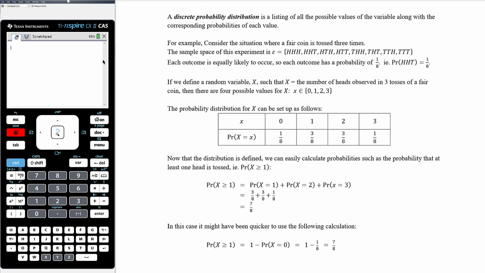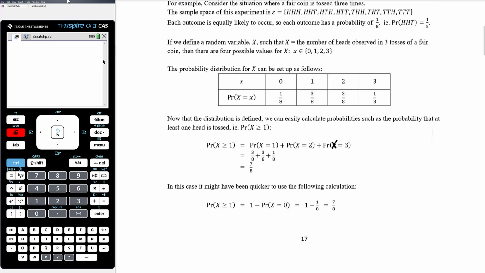Out of our possible outcomes, that is those 3 outcomes: the probability that X equals 1, plus the probability that X equals 2, plus the probability that X equals 3. So that is that probability, plus that probability, plus that probability, and so we have 7/8.